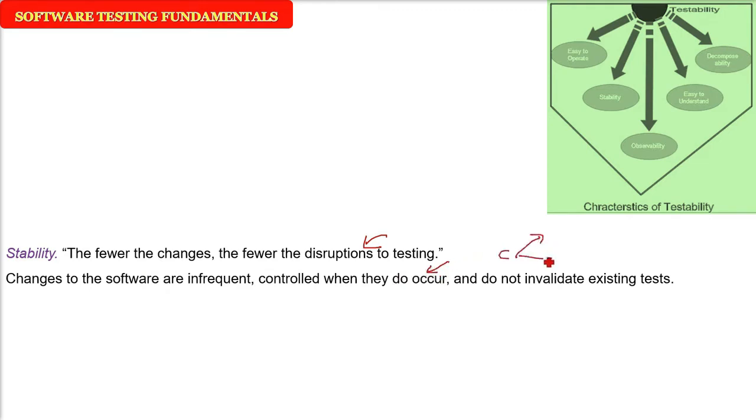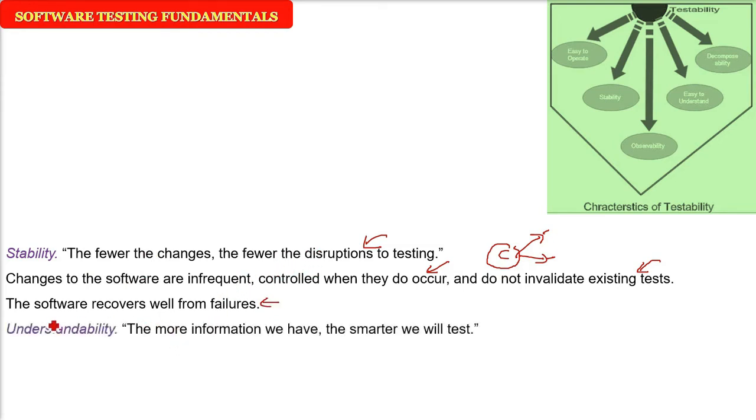The existing tests may still apply, that is, the changes will not invalidate the existing tests. Stability is important, and it only comes when the software is properly designed and properly coded with quality in mind. And if the software recovers well from any kind of failure, hardware or software, it is stable.